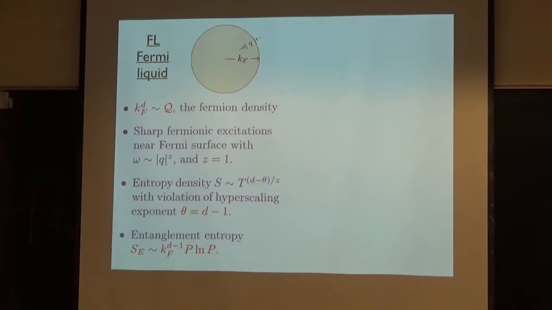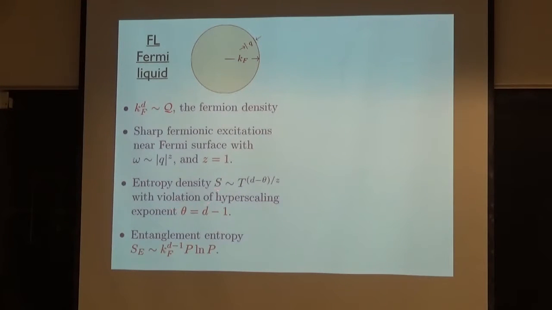All right, so to summarize, here's a summary of a Fermi liquid. So a Fermi liquid we know is a state of matter, which is a metal with a Fermi surface. The volume of the Fermi surface obeys the Luttinger relation. There are low-lying quasi-particle excitations, which are infinitely sharp near the Fermi level, and their energy scales linearly with q. So if you think in that language, you would say z is 1.